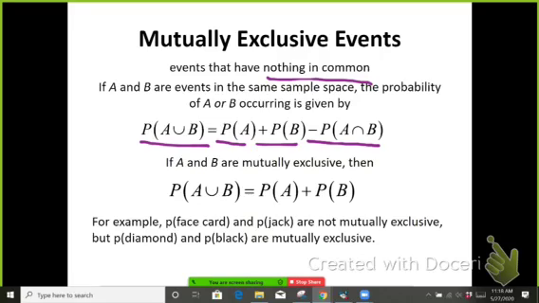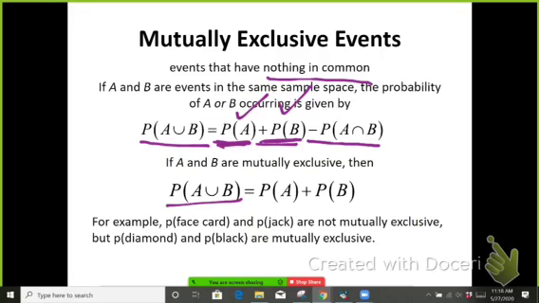So if you wanted to find the probability of picking a jack or a heart, you would add the probability of picking a jack plus the probability of picking a heart, but then subtract the probability of picking specifically the jack of hearts, because you counted it in this probability and in that probability.